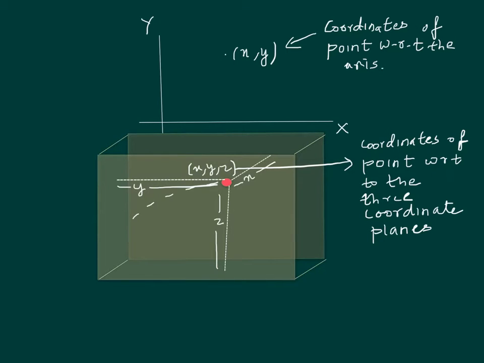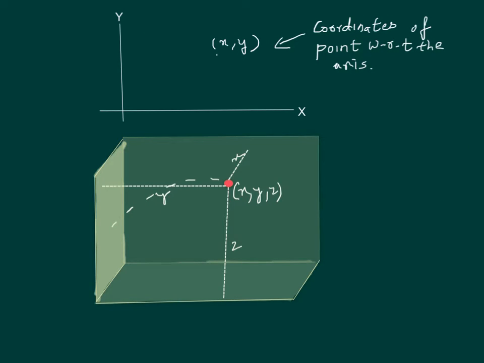So we can say that a point in space has three coordinates, and now we are in a position to understand the three coordinate axes and the three coordinate planes associated with three-dimensional geometry.